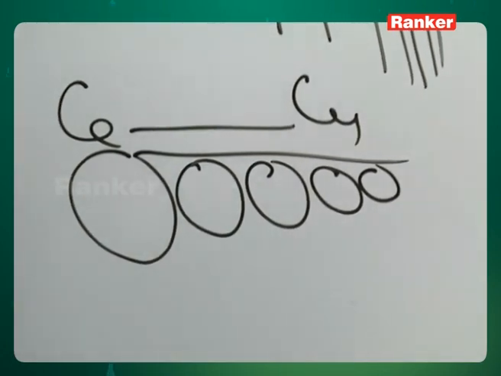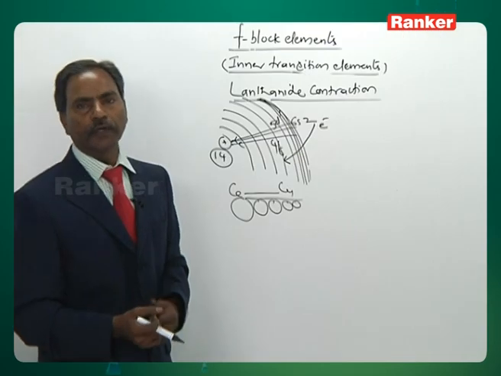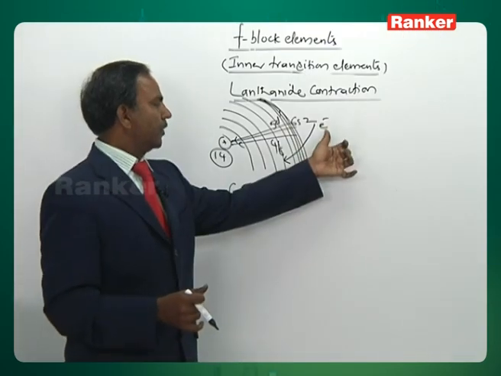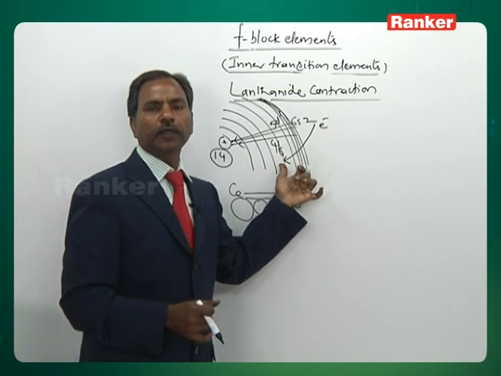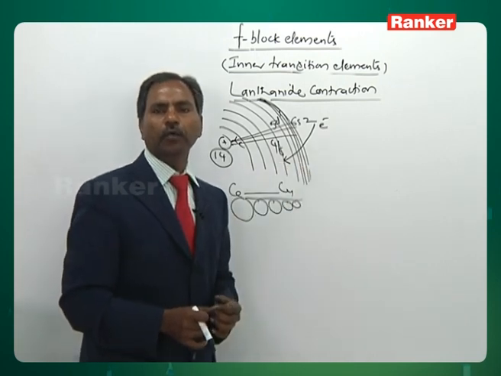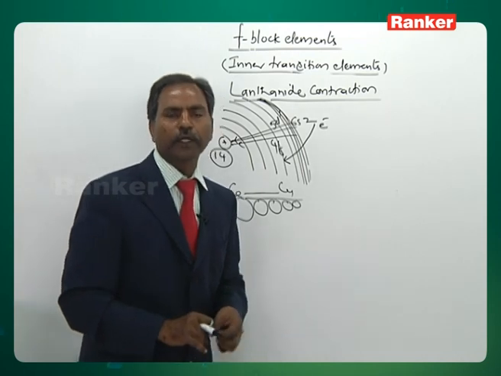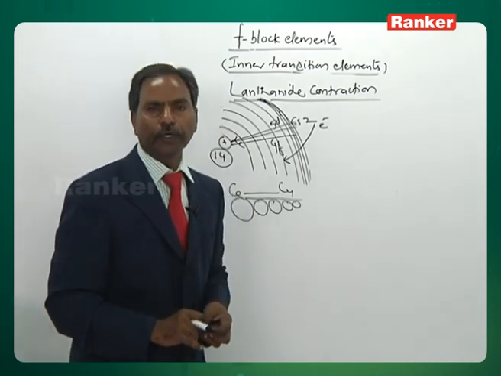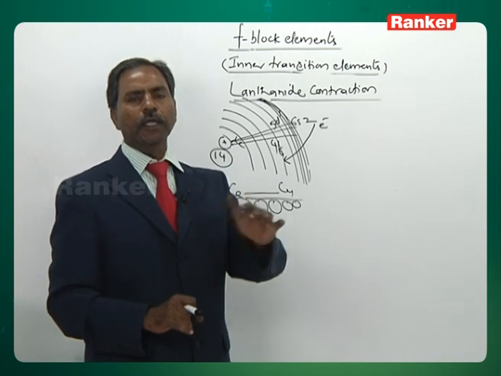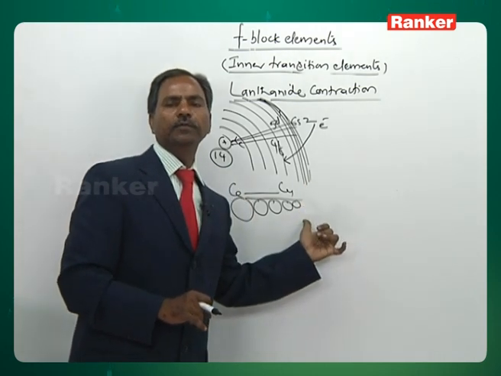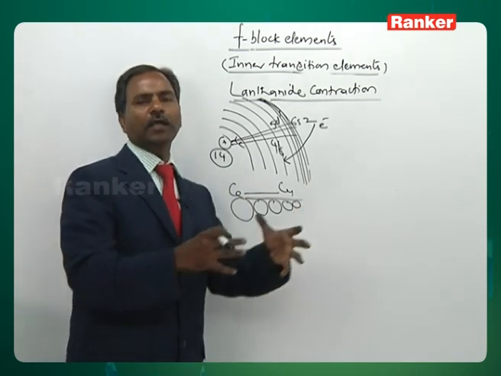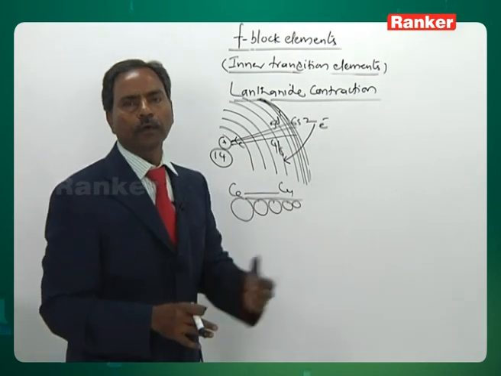Once again, let us listen to the actual definition of lanthanide contraction. In the case of lanthanides, the differentiating electrons enter into f orbitals of the antipenultimate shell. As a result, there is an increase in nuclear charge by 14 units. In addition, f orbitals are poor shielders. Therefore, the nucleus attracts the outermost orbital electron towards itself.